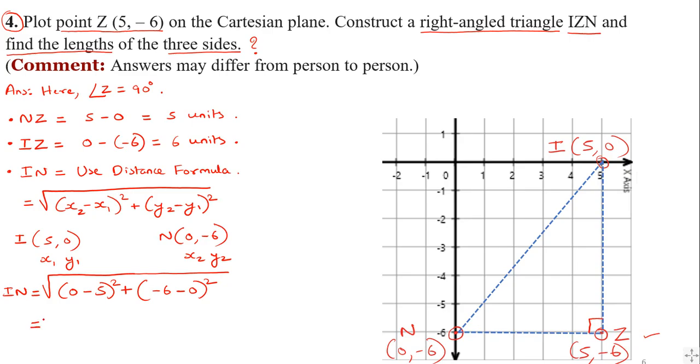So is equal to under root (0 minus 5 is minus 5) whole square plus (minus 6 minus 0 is minus 6) whole square. Now minus 5 whole square is 5 fives, 25, plus minus 6 whole square, minus minus is plus, 6 sixes, 36.